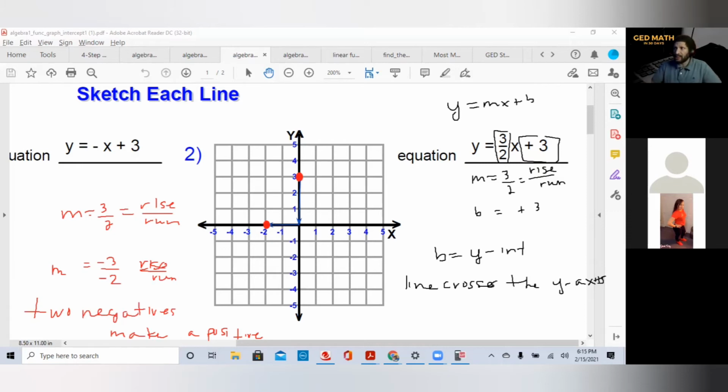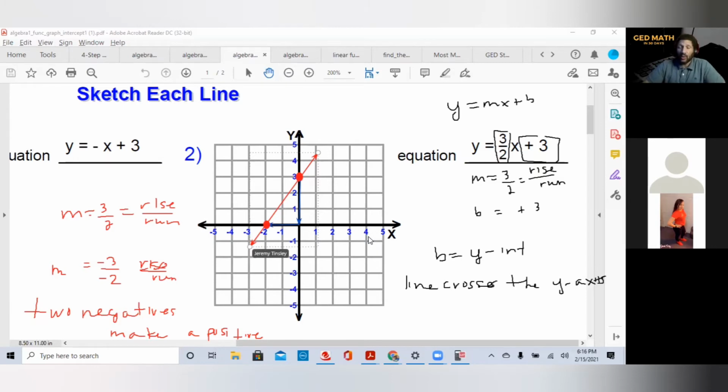Since we only need 2 points to make a line, I now can connect my 2 dots. Okay, that's not perfect, but we'll try to correct it a little bit. Let's see, right there. Oops. That's how easy it is to graph a line. First, you must identify whether it's slope-intercept form or standard form.